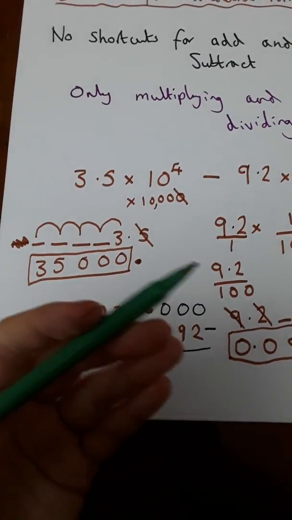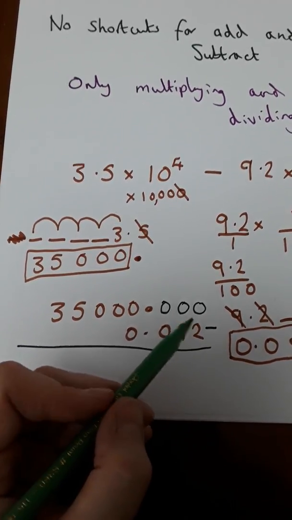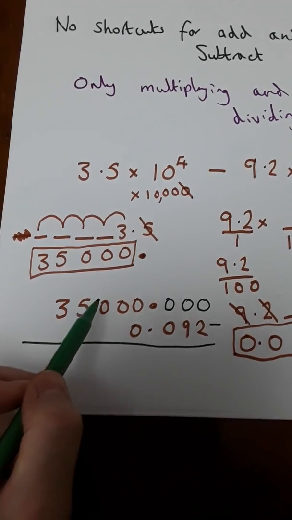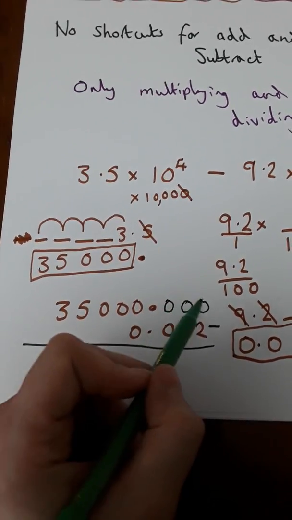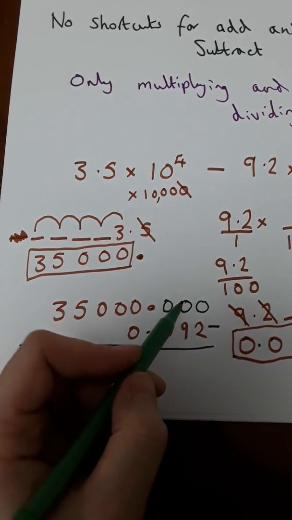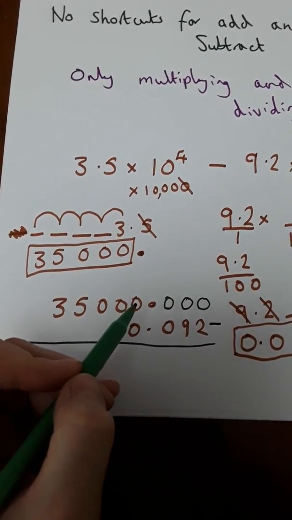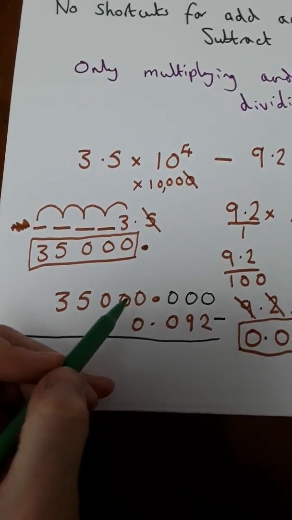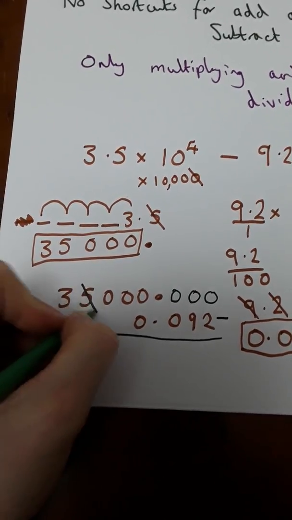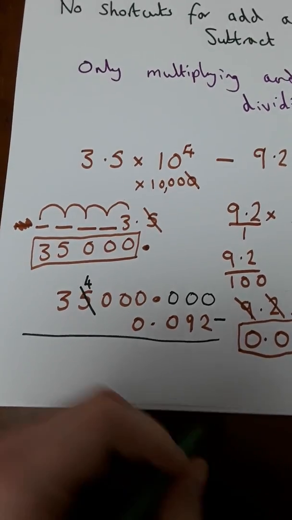So this is particularly hard. What I need to do is borrow from this 5 and carry my 10s all the way down. So 0 minus 2 I can't do. I can't borrow from this one, I can't borrow from this one, because there's nothing, I can't borrow from this one because again there's nothing, or here. So I'm going to have to borrow from my 5 all the way up here.